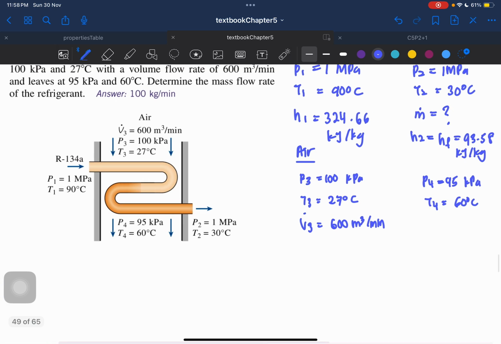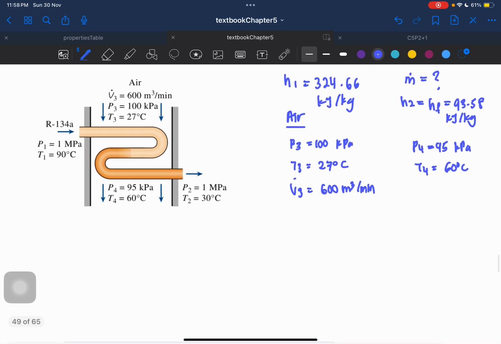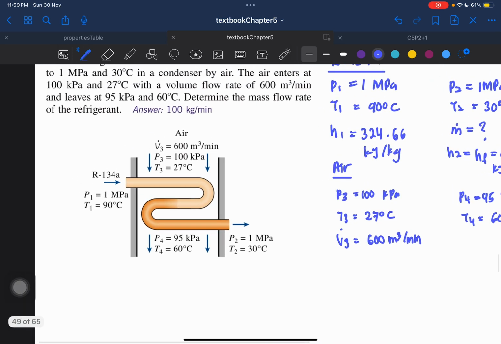Okay, now that we have all this information, we can find the specific volume at the inlet.